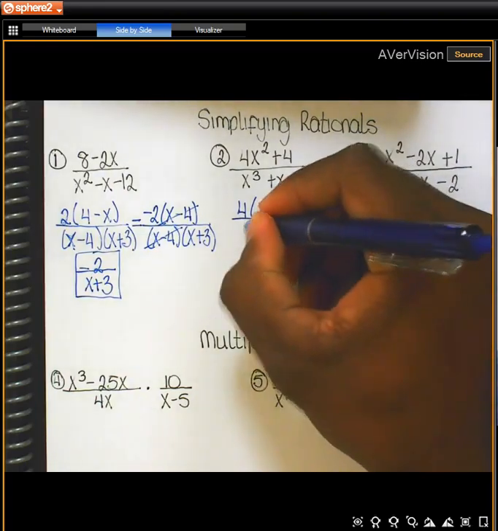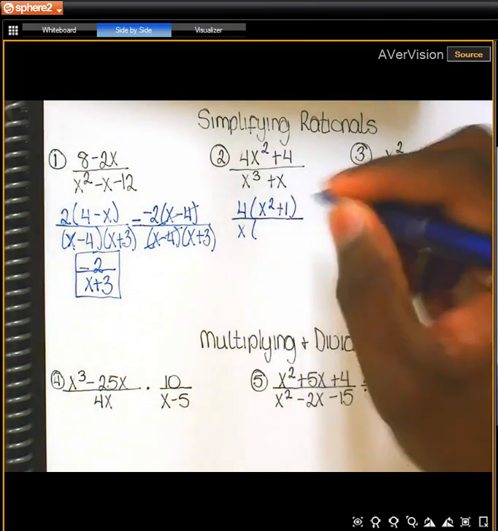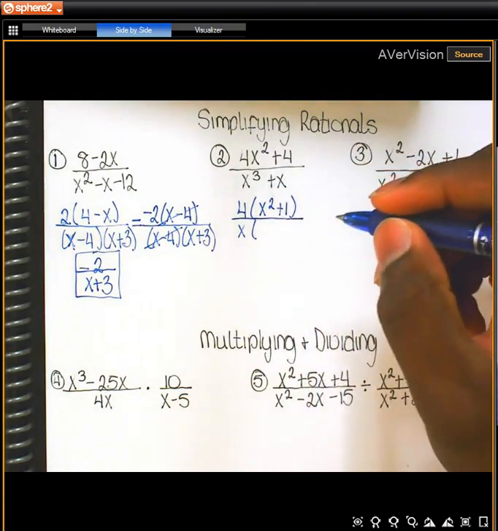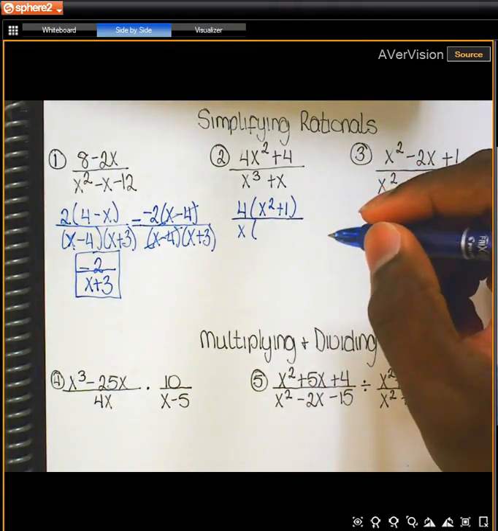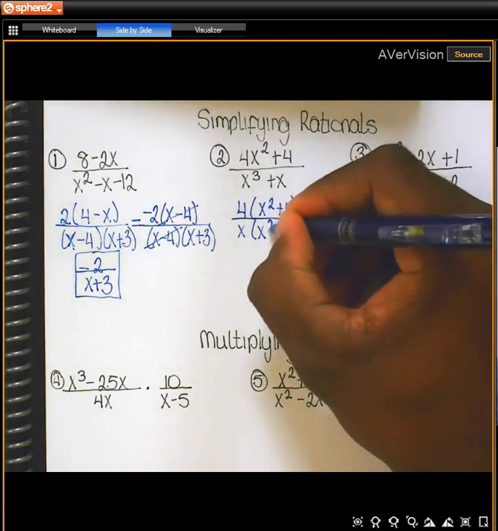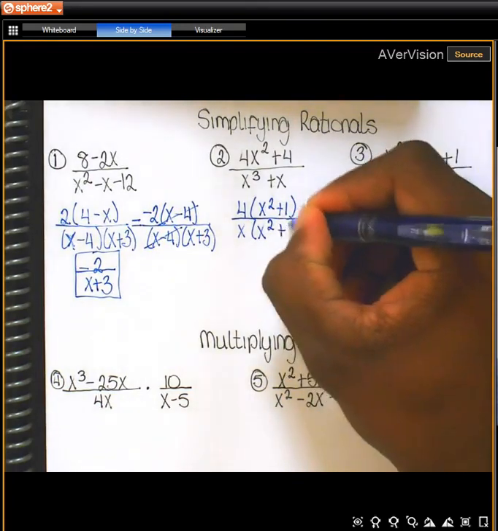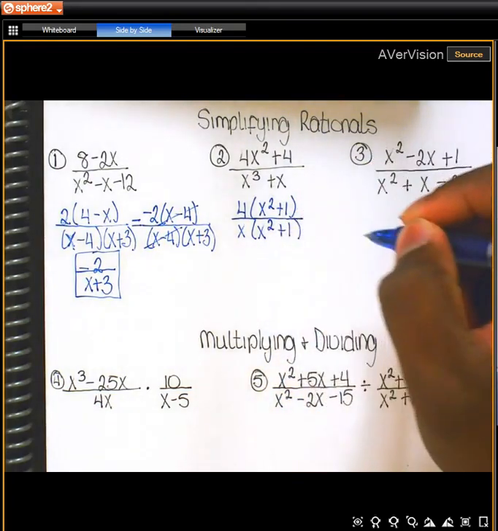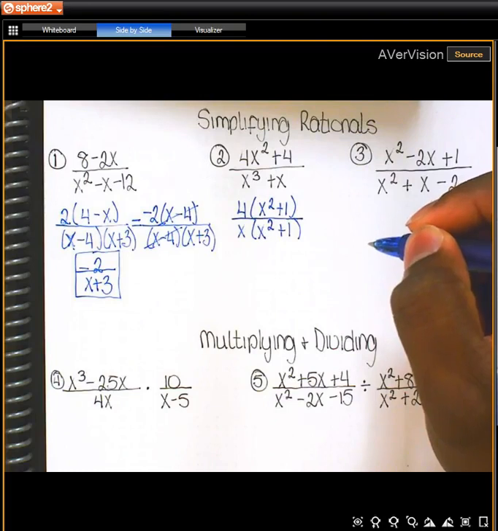X. If we take out x, what's left? Still plus 1. All right, so what is this fully simplified?